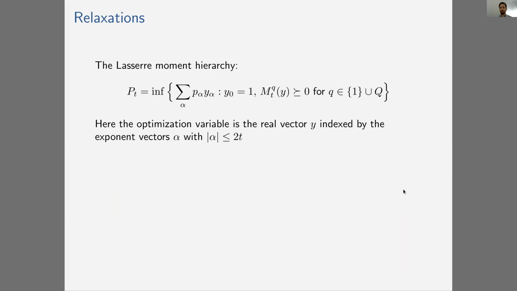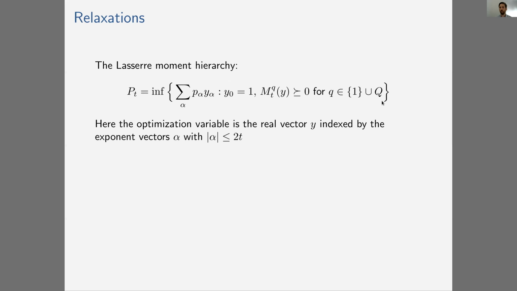Okay, so now we have enough to set up the moment hierarchy. We minimize the sum over alpha of p_alpha y_alpha, which of course, if y corresponds to the moments of a Dirac measure, is just p evaluated at that point. Then we have normalization conditions: y_0 is 1, that corresponds to mu being a probability measure.